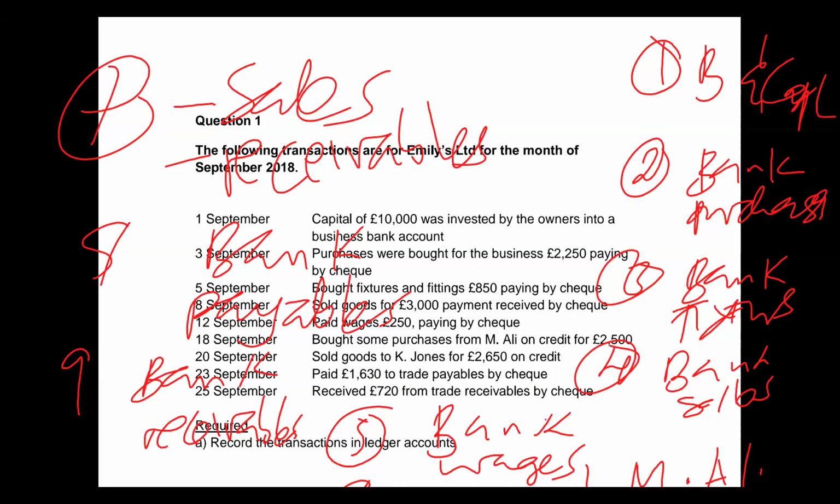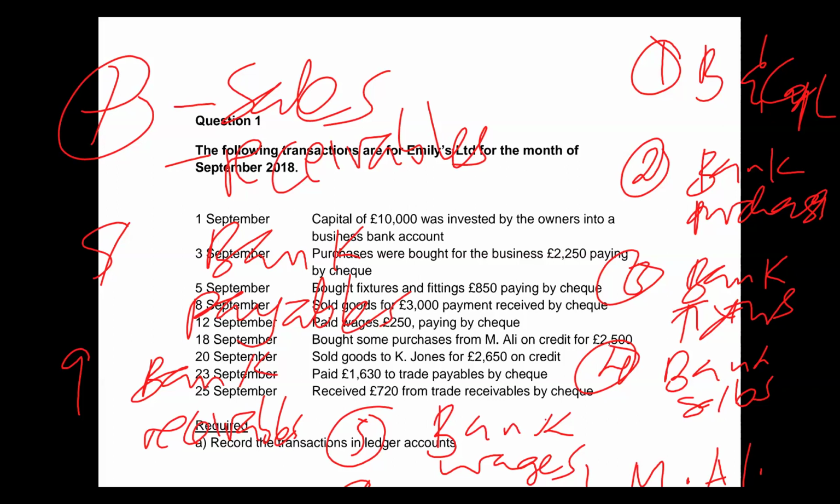Let me just look at the question again. You bought some purchases on the 18th on credit, right? You credit the payables account with 2,500, isn't it? And then you paid some of the goods. You debit the payables account with 1,630, right?